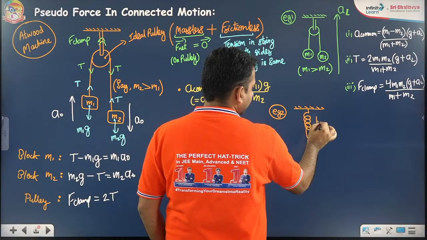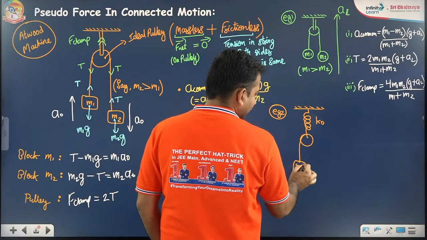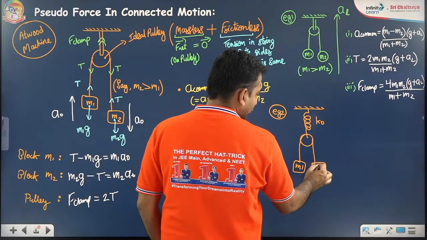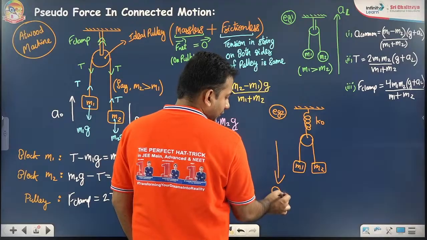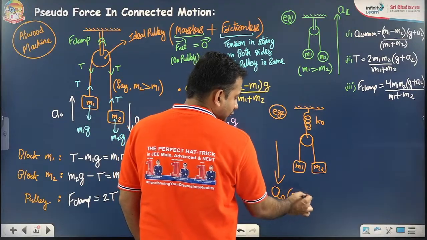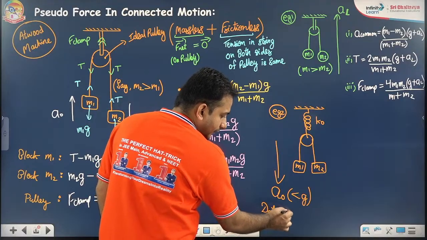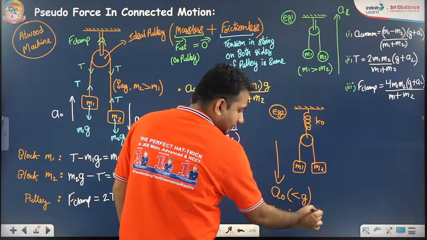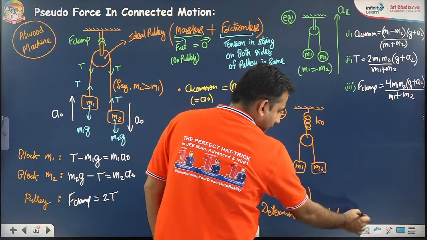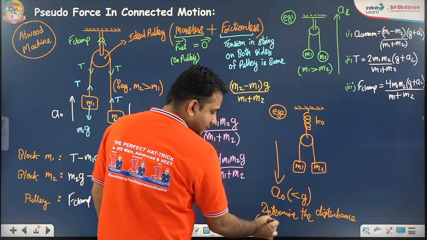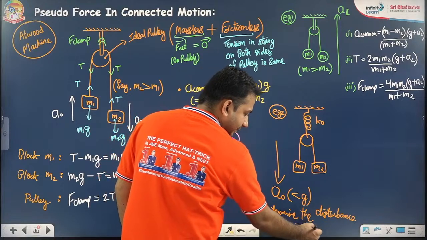There is a K0 spring constant, and this is M1, this is M2, and the system is accelerated down with some acceleration A0 which is less than G. And the examiner is asking you, determine the disturbance produced in the spring, disturbance or extension in the spring.